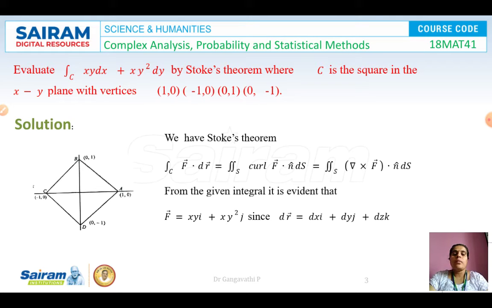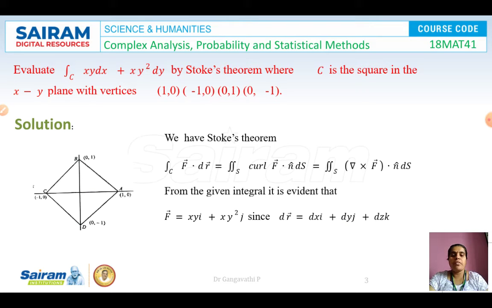So now by Stokes theorem we know the definition. The statement of the Stokes theorem is the integral over C of vector f dot dr is equal to the double integral over S of curl f dot n cap ds. So curl f can be written as del cross f also. From the given integral it is evident that vector f is xy i, and dr is dx i plus dy j plus dz k cap.